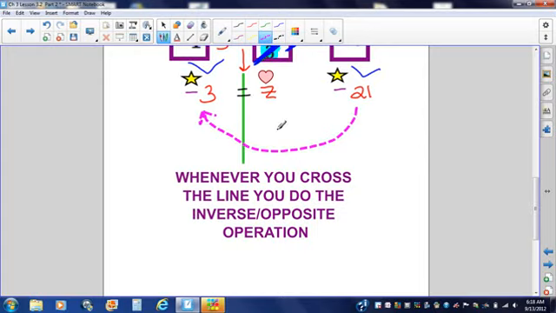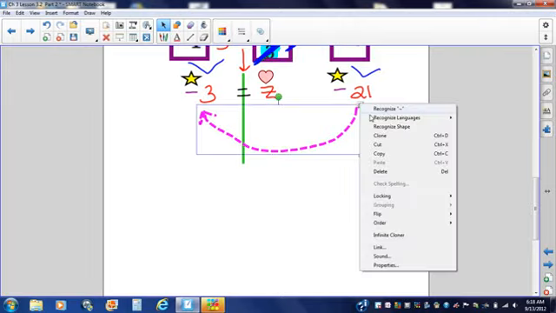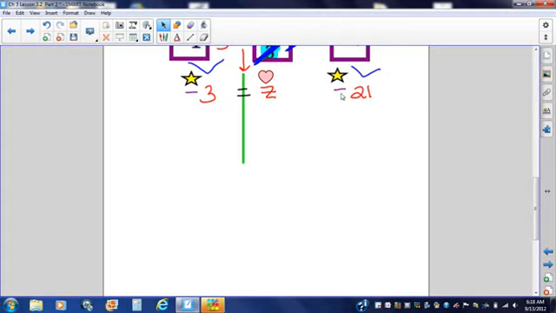But remember, when I cross this line, I do the opposite. So the opposite of subtracting 21 is to add 21. Or the opposite of a negative 21 is a positive 21.